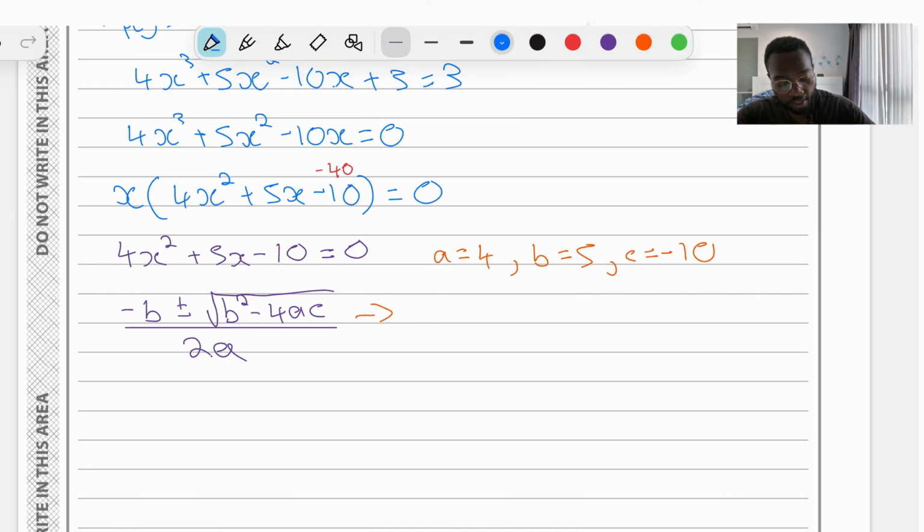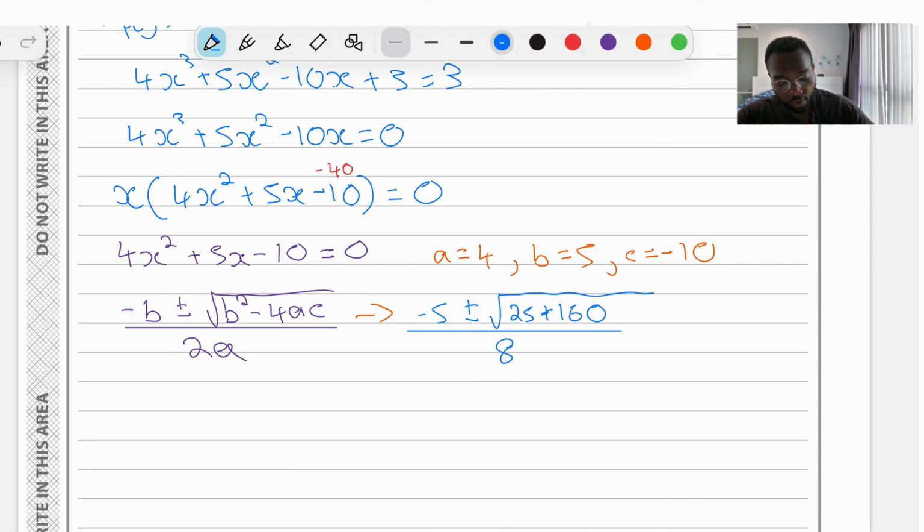So therefore we get minus b, so minus 5 plus or minus the square root of b squared, so 5 squared, that's 25, minus 4 times 4, so that's minus 16, times minus 10, so that is a positive 160, okay? And then over 2a, 2 times 4 is 8.